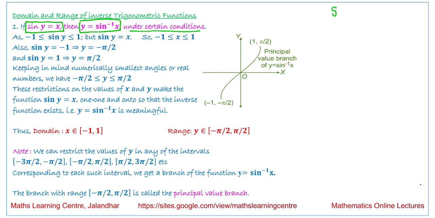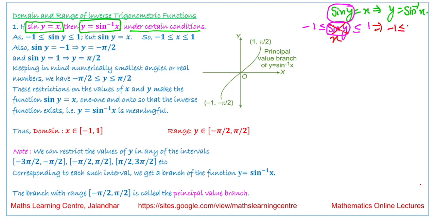This holds under a certain condition: the value of sine y varies from -1 to 1. Now in place of sine y we have x, so this implies that -1 is less than or equal to x is less than or equal to 1.